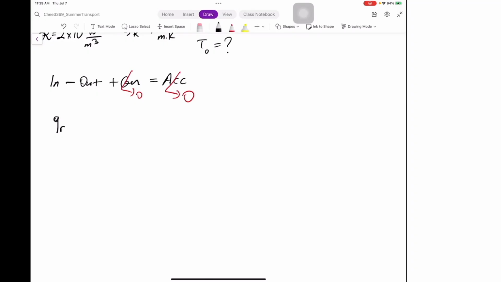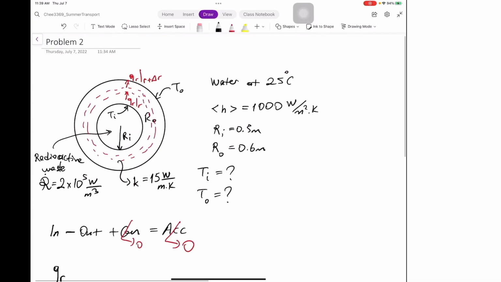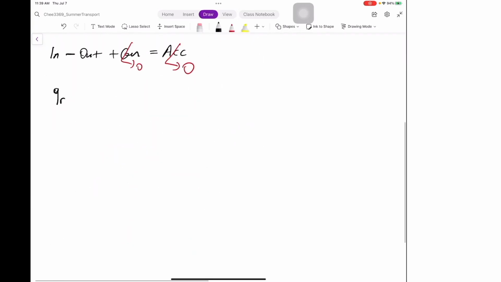Now this is a cylindrical geometry, right? This is a cylindrical shell. So the surface area of the cylinder is 2 pi r, the circumference of this circle, times the L, the length.